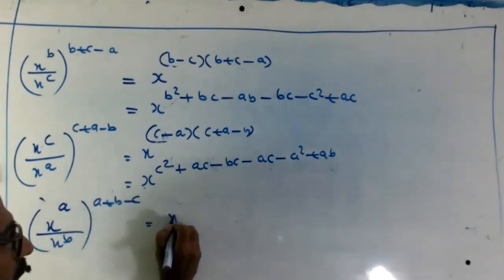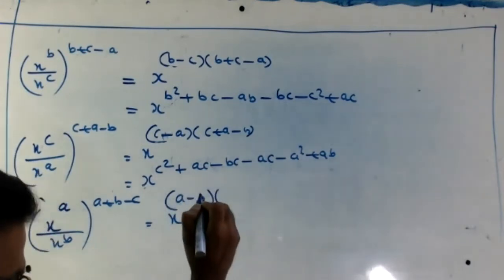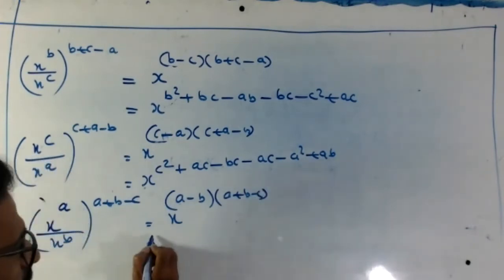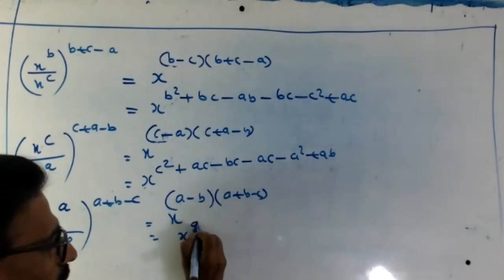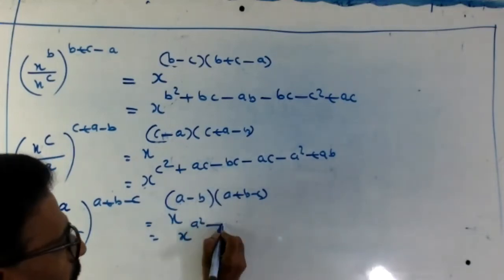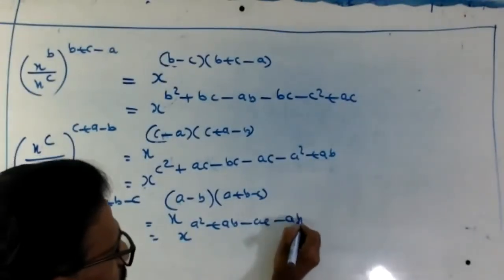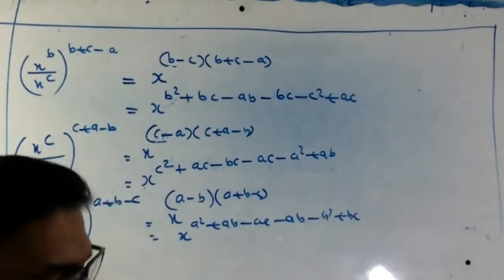This is x raised to a minus b, into a plus b minus c. This is equal to x raised to a into a square plus ab minus ac minus ab minus b square plus bc. Okay, this is the third part.